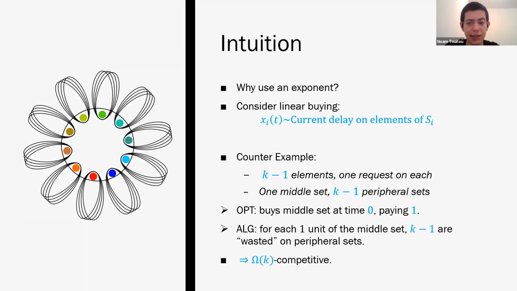Just buy the middle set at time 0 and pay a cost of 1. However, the algorithm is going to do something much worse. For each unit invested in the middle set, k-1 units will be wasted on peripheral sets. Okay, and these peripheral sets do not contribute much to the serving of those requests. This example can easily be seen to be Omega(k) competitive.